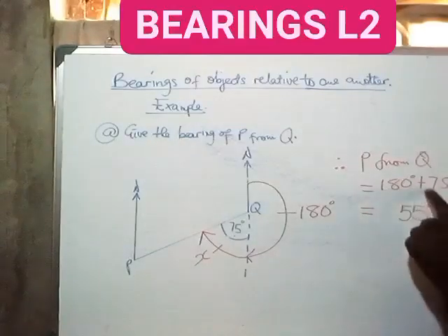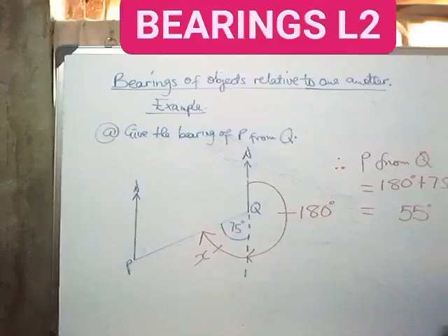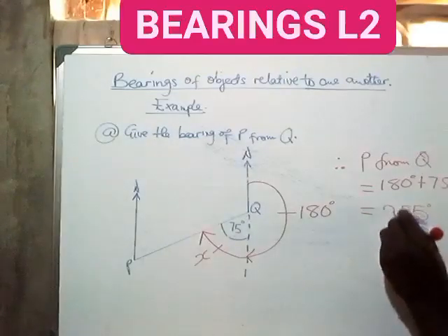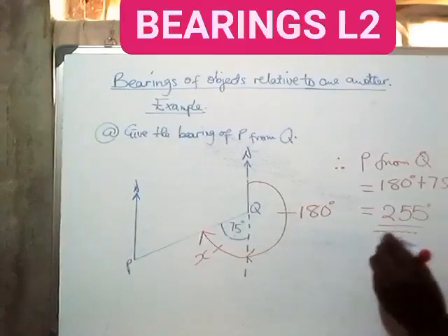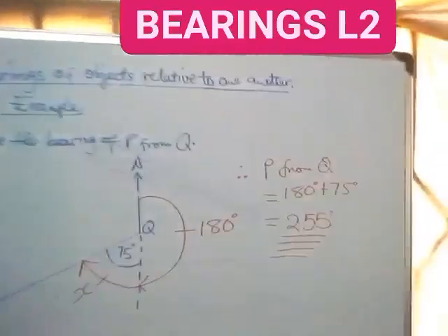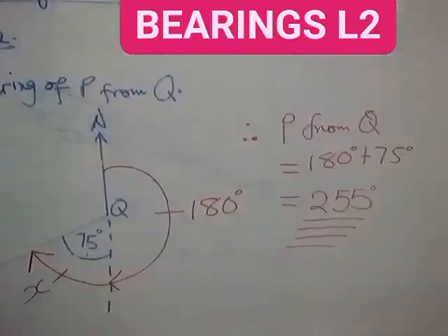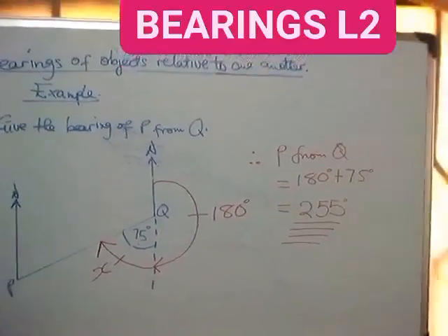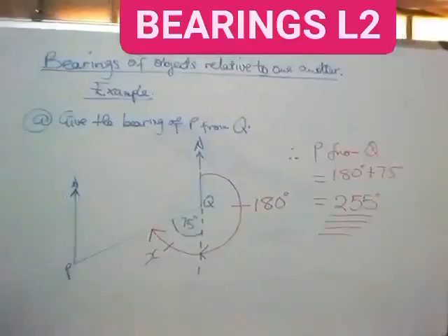Then 1 plus nothing, it will be 1. Then that 1 plus the remainder 1, it will be 2. So the final answer for the bearing of P from Q is 255. So this marks the end of this question.